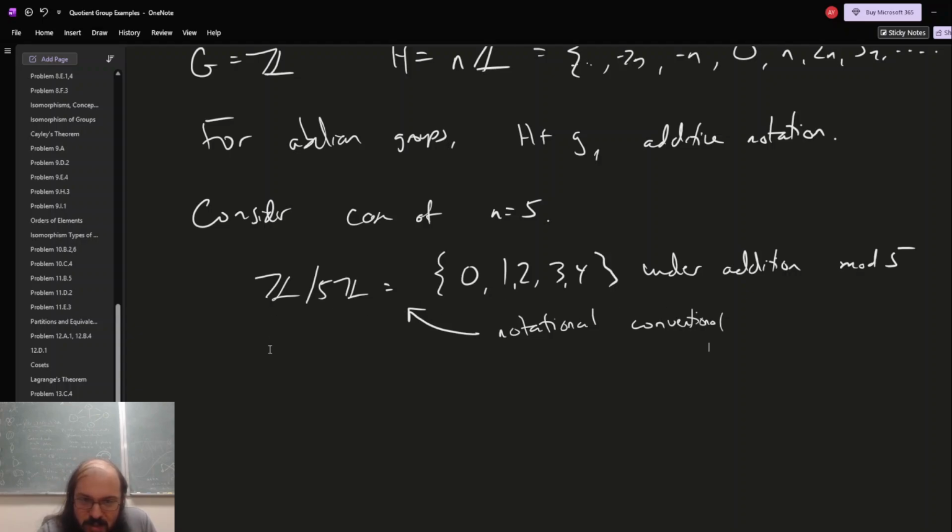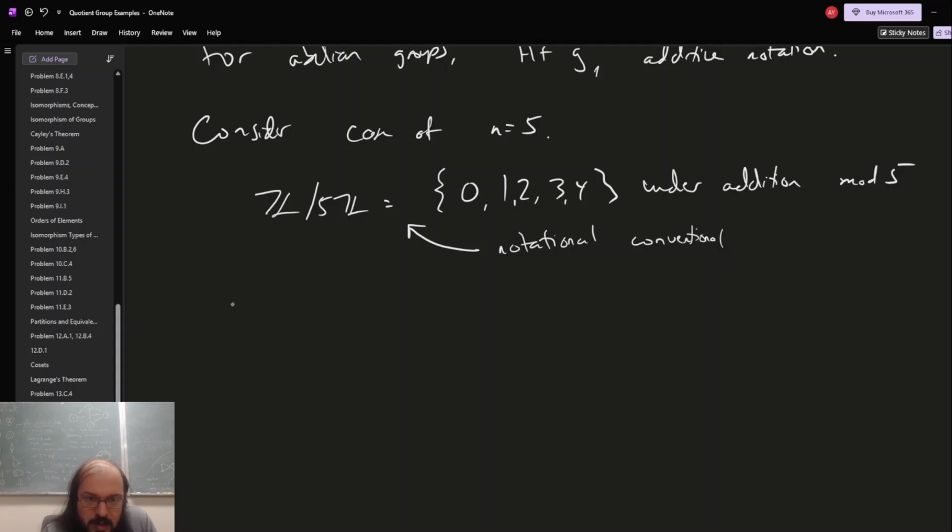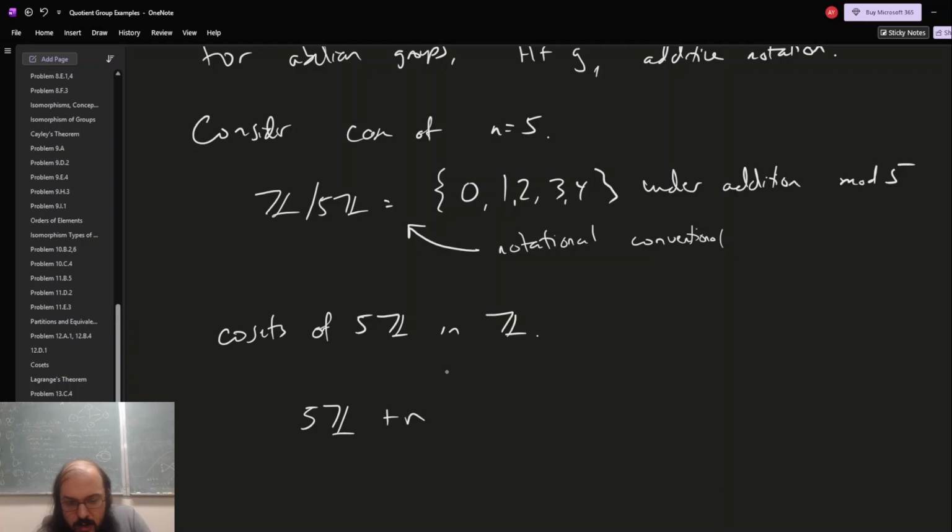In light of our previous discussion, what this means is we take the cosets of 5Z in Z. In other words, we should have 5Z plus N. Let's use a different letter than N. How about we use I to represent a coset of 5Z in Z?